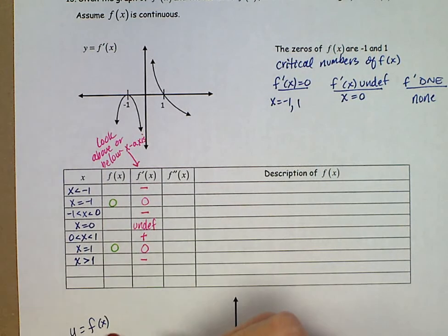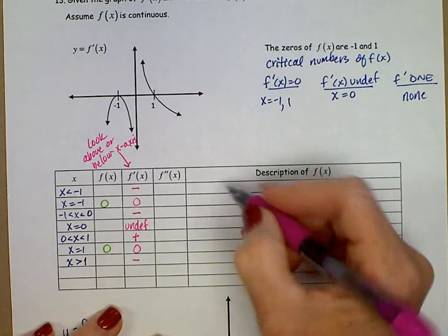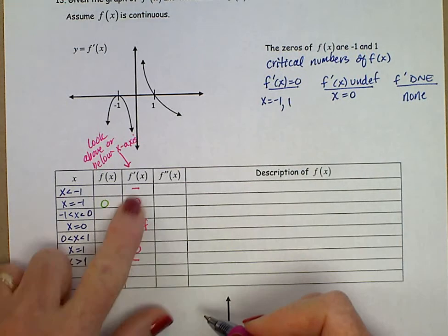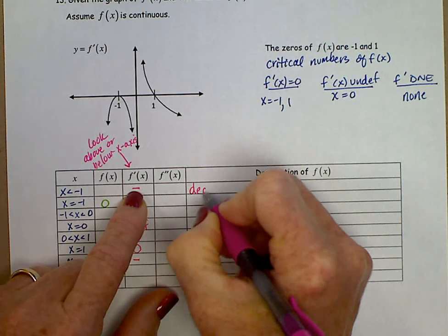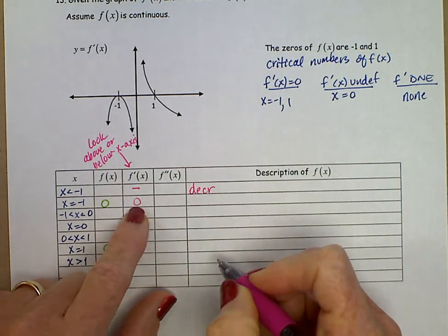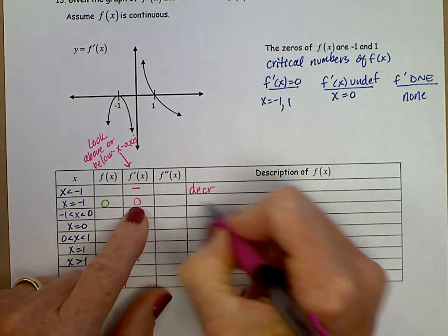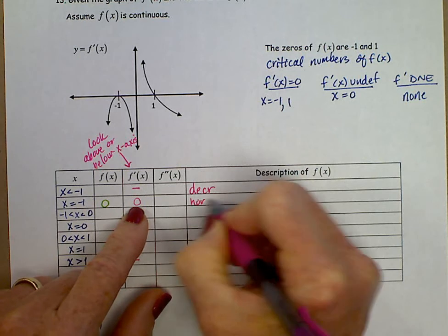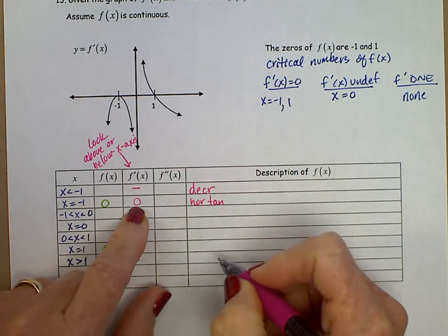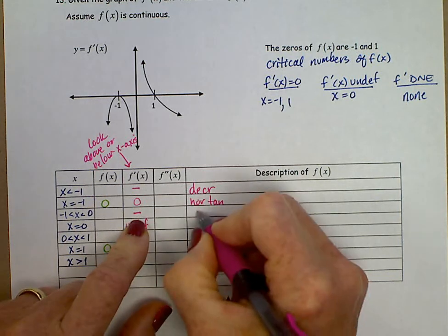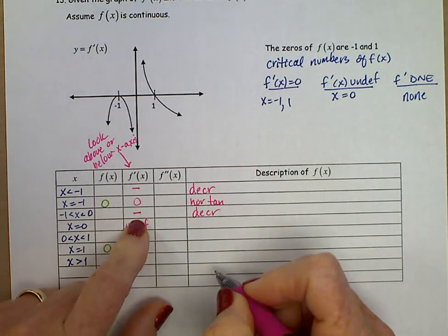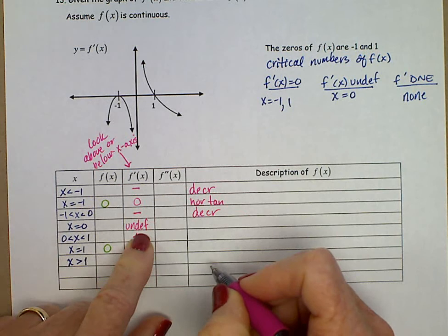All right, let's use that information then to fill in this description of f of x. If f prime is negative, that means that f of x is decreasing. When f prime is 0, that means that f of x has a horizontal tangent. When f prime is negative, that means that f of x is decreasing. F prime undefined.